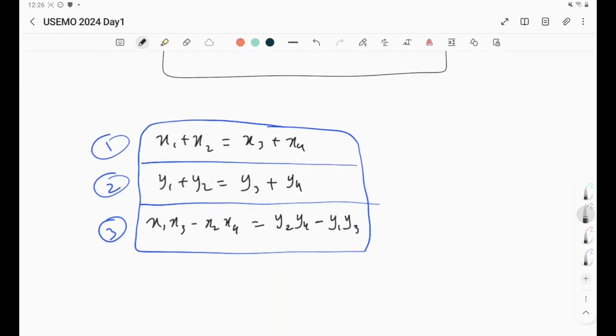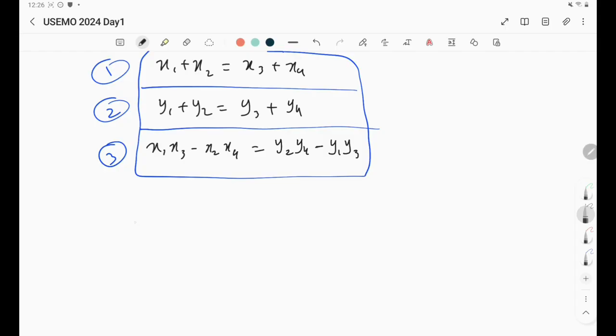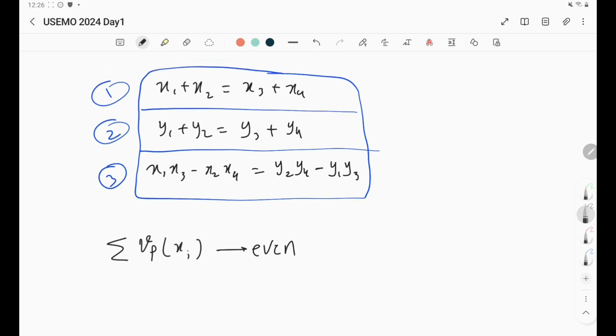So this is exactly what we'll be doing here. Our goal is to show that the sum of VP of xi is even. This thing is even. Okay, very nice.